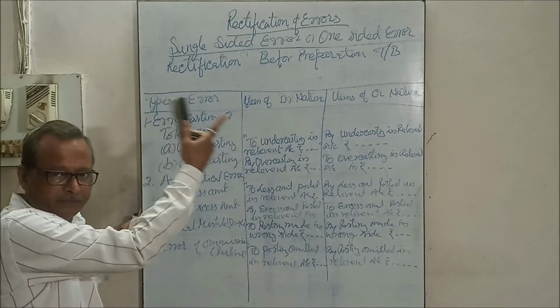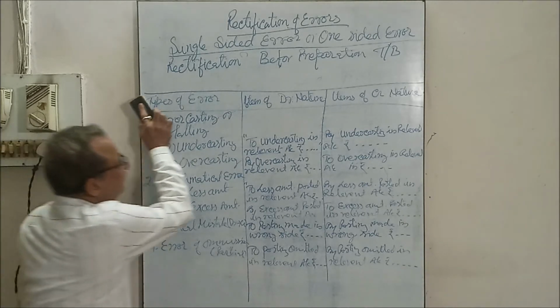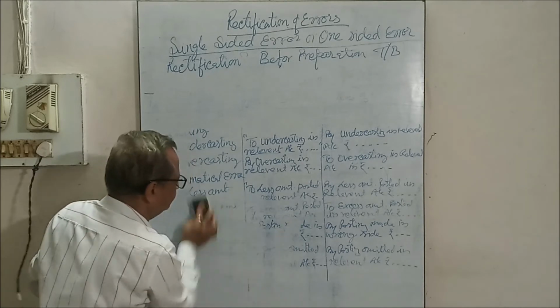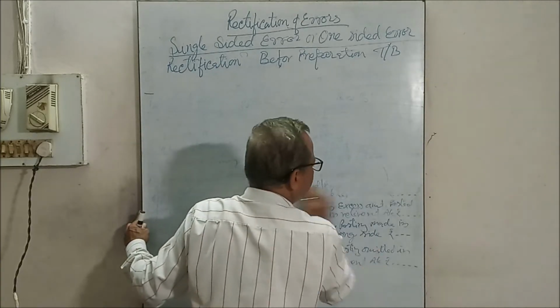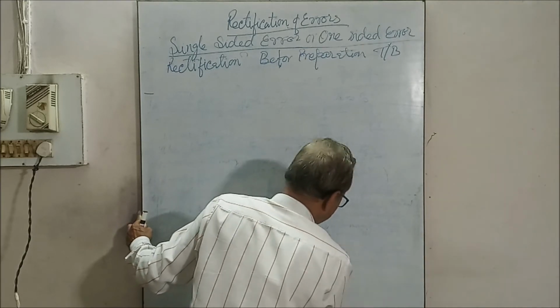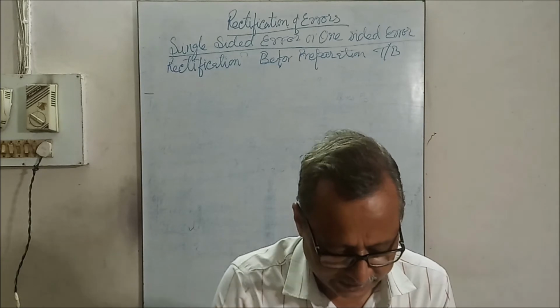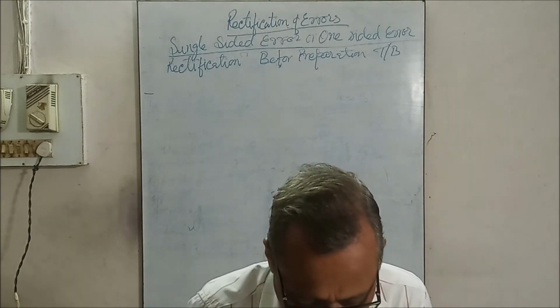Rectification before preparation of trial balance, single-sided error. Only one question I will take. Let's see how to rectify in the same manner as it should be presented in the journal.